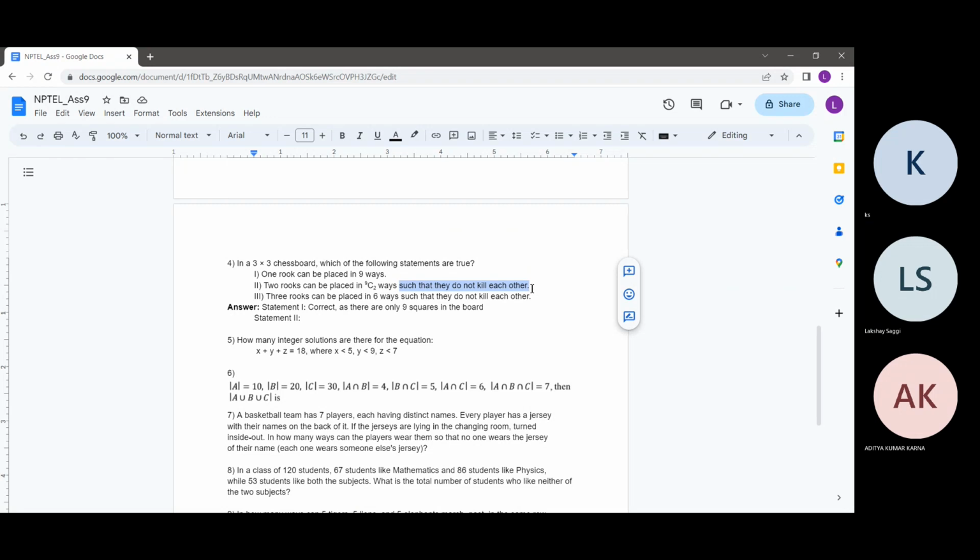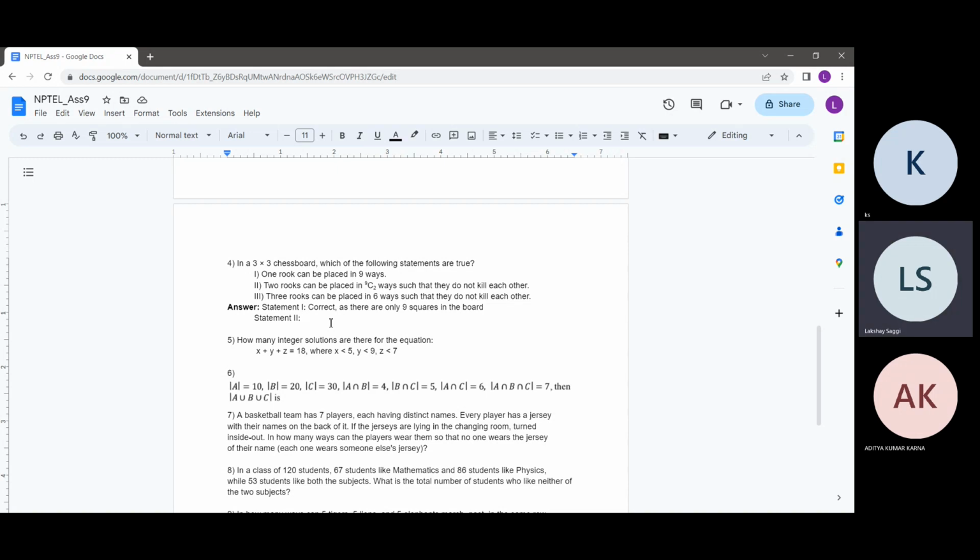So if this 9C2 is not correct, we'll need to subtract some ways so that the rooks do not kill each other. I think this has been covered in the lectures already, how to calculate it correctly, the rooks polynomial and stuff like that.